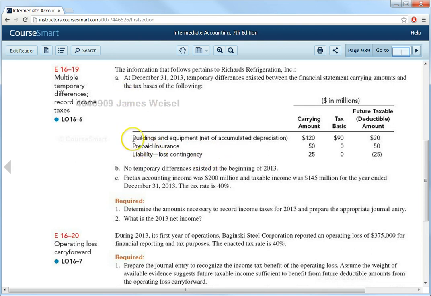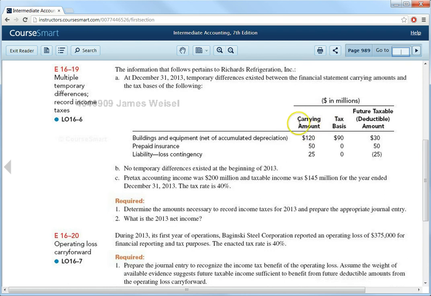All right, so we've got three temporary differences that are identified, and the information that's provided has to do with kind of a balance sheet presentation or a balance sheet perspective on these items. So for example, with the buildings and equipment, at the end of 2013, the buildings and equipment has a carrying amount of $120,000 for GAAP purposes.